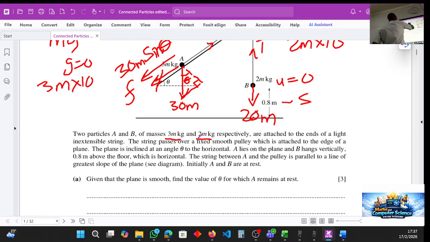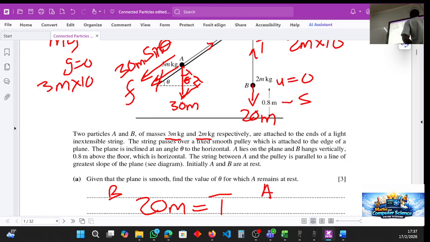The first one is for object A and the second one for object B. Because the system is in equilibrium, let's look at object B. On B, there's a balance between 20m and T. That's what's happening on B. Now on A, we've got a balance between T and the weight component, which is 30m sine theta.